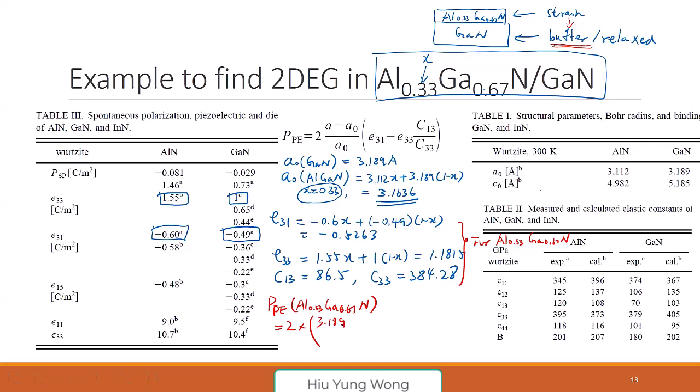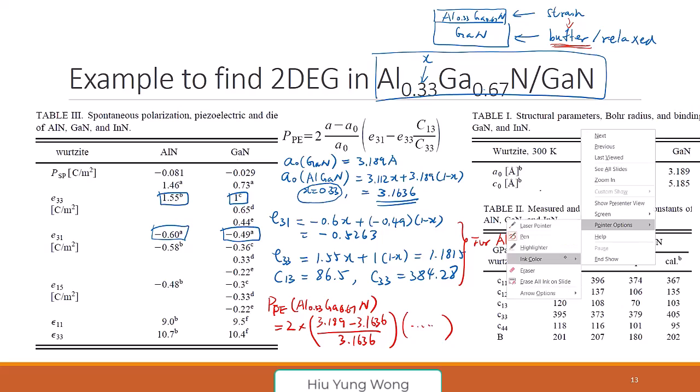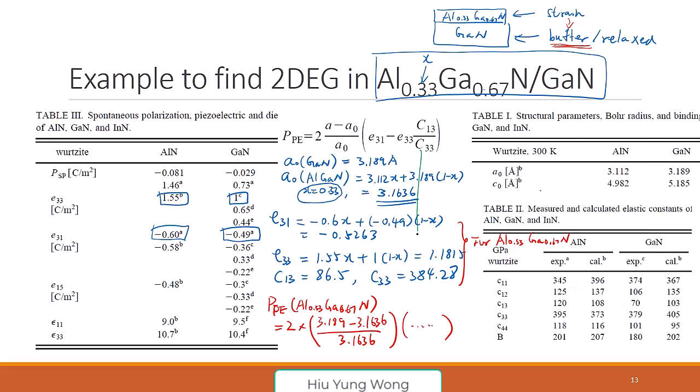Very good. And then I minus A0. A0 is 3.1636, divided by 3.1636. This is the most tricky thing. And then you just do all the substitution.